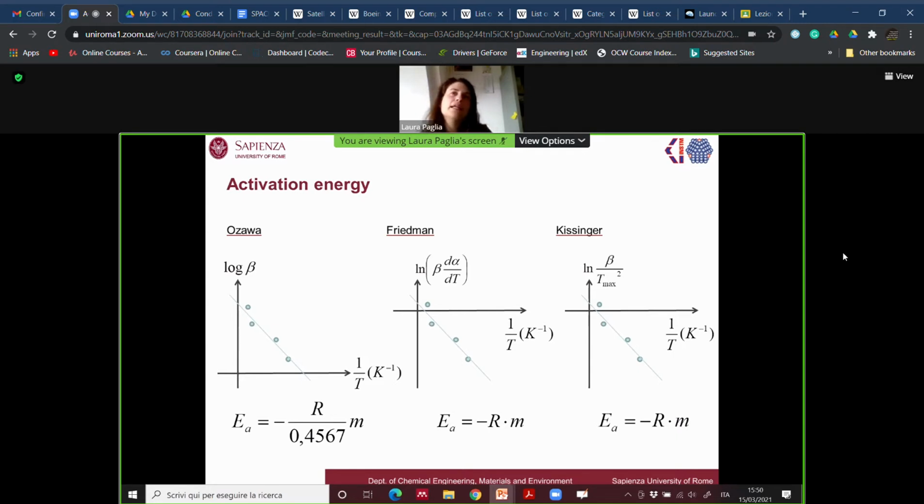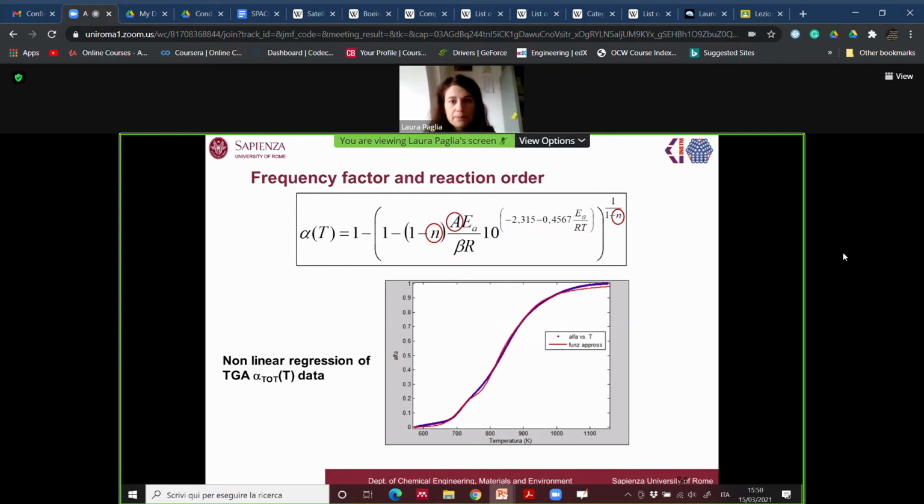It is based on another concept, which is based on the temperature at which we have peaks in the derivative thermogravimetric curve. But they are all very simple methods.